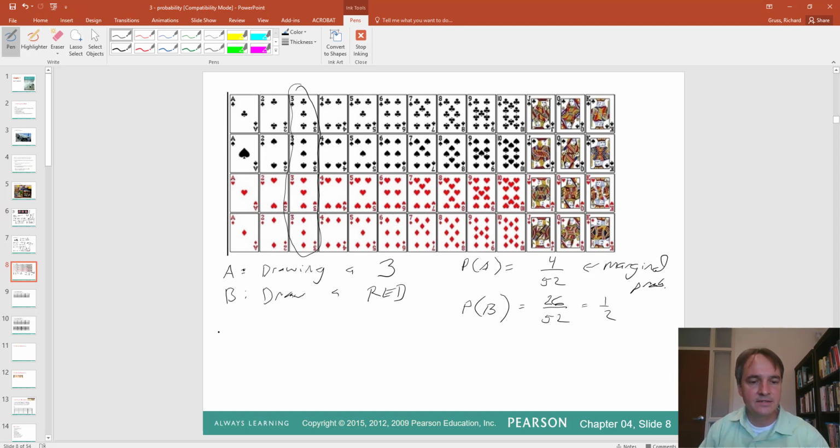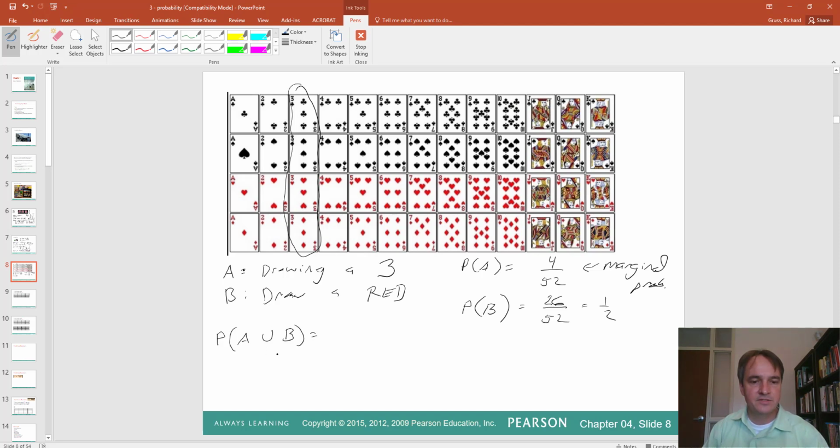Now let's get into some more interesting questions. So let's say I want to know, what's the probability of event A or B? Okay, so now we don't have mutual exclusivity anymore here, do we?